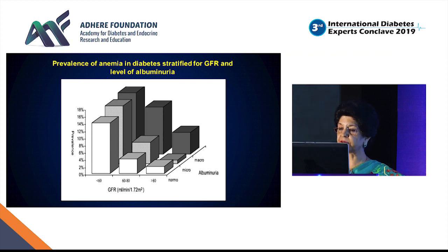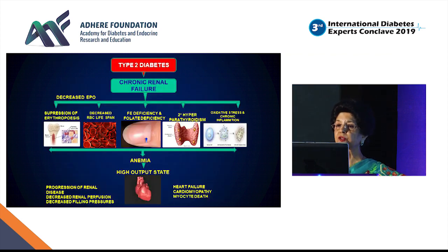Along with the GFR, we look at the saturation levels, transferrin saturation levels. So in type 2 diabetes, this is a relative summary slide. These are the factors. We have decreased erythropoiesis because of several reasons, all leading to anemia, which is a high output state.